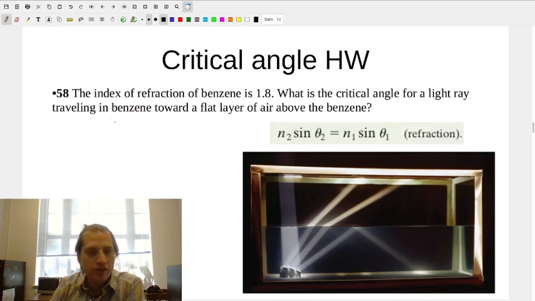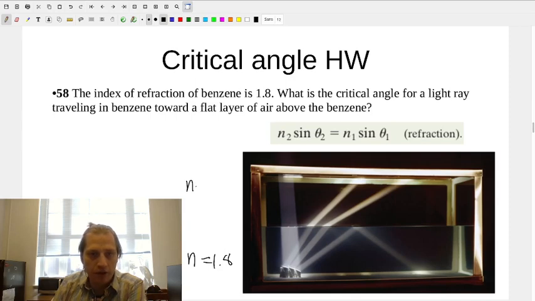Okay, now here's a slightly different idea. It says the index of refraction in benzene is 1.8. So benzene is a clear liquid sort of like water. So let's think it's going to look sort of like this. You've got an n equals 1.8. What is the critical angle for a light ray traveling in benzene towards a flat layer of air above the benzene?